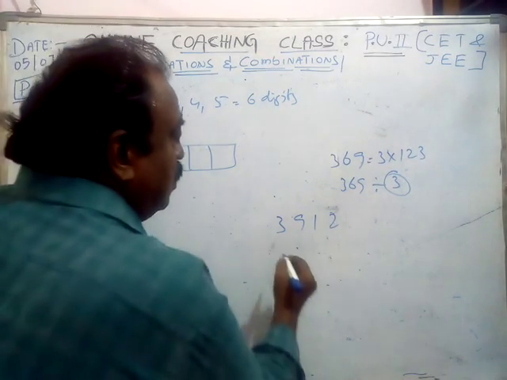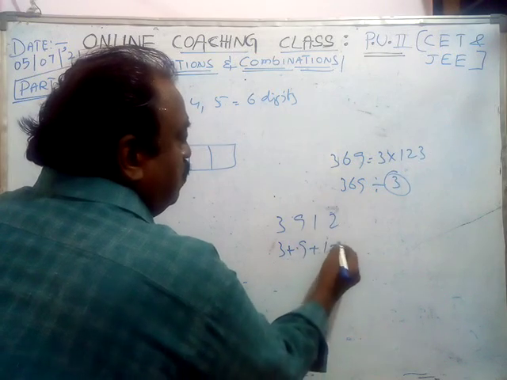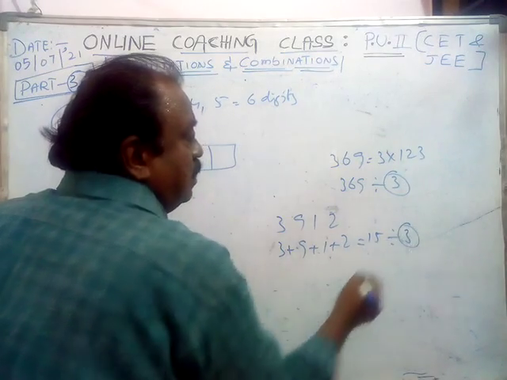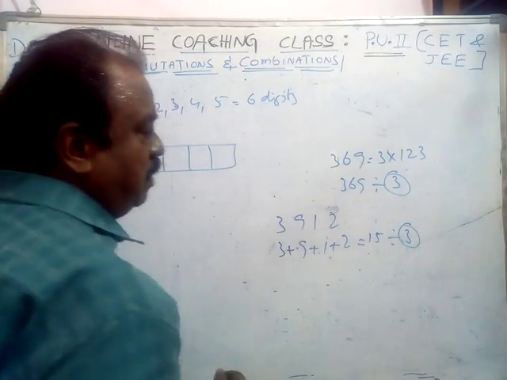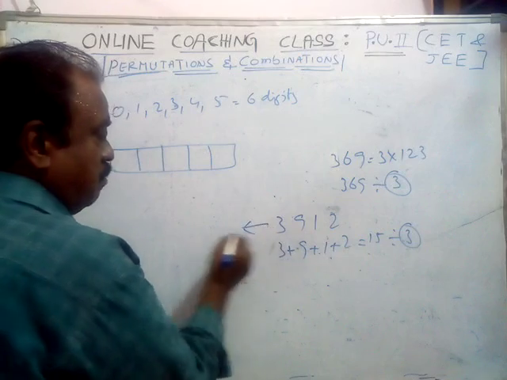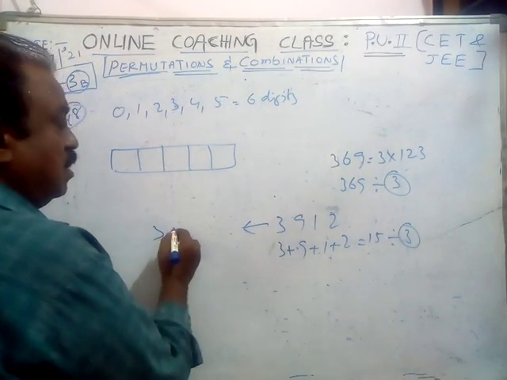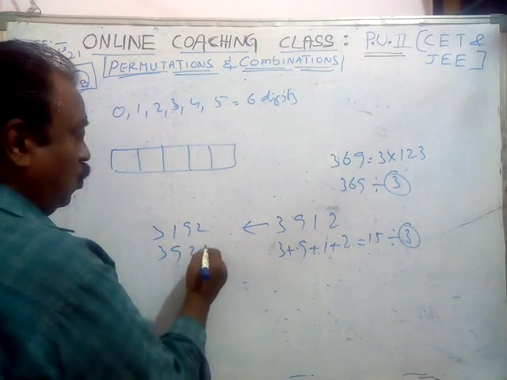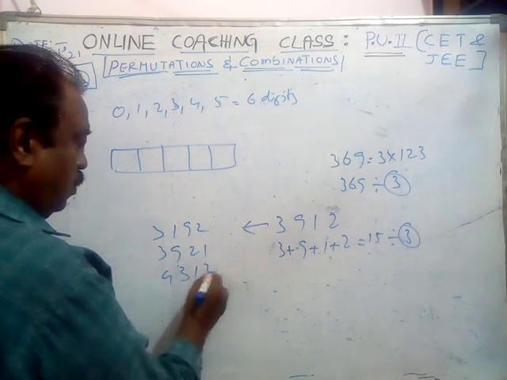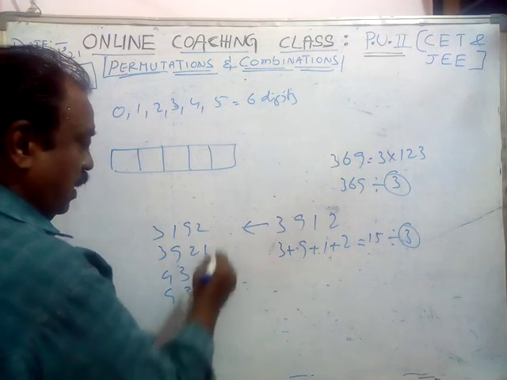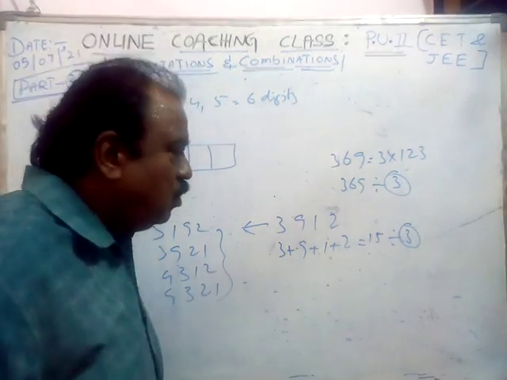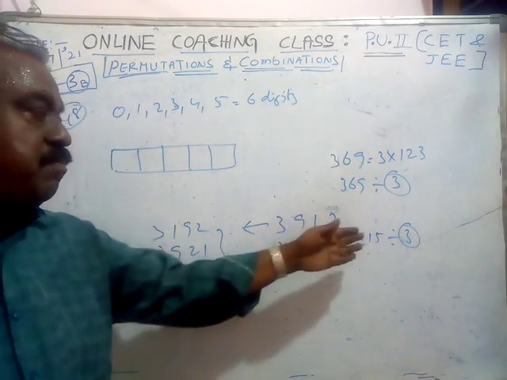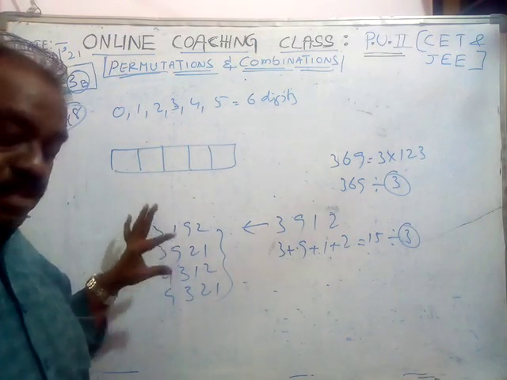A method is there. It is 3 plus 9 plus 1 plus 2, that is 12, 15. This 15 is divisible by 3, so the entire number is divisible by 3. Not only this number, by using these digits 3, 1, 9, 2, like 3921, 1932, 9321, any combination works, because the sum of those digits is 15, divisible by 3.